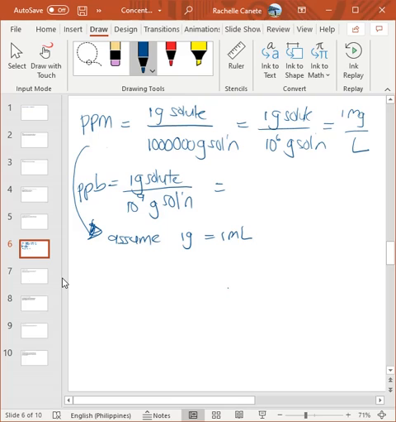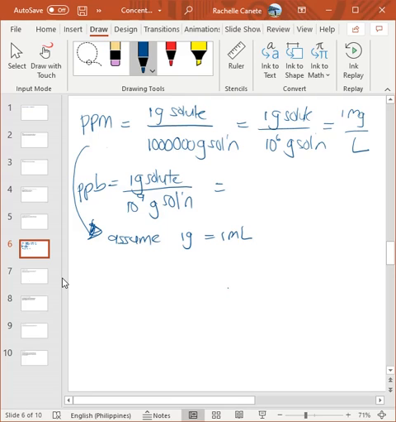We assume nga dilute aqueous solutions have the density of water, almost equal at least. So the density of water is approximately 1 gram per ml, di ba? So we assume nga ang dilute aqueous solutions has the same density.